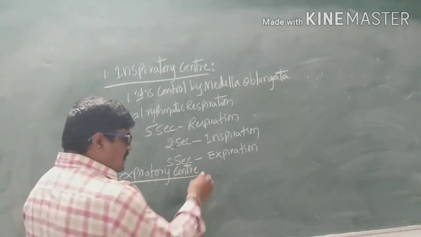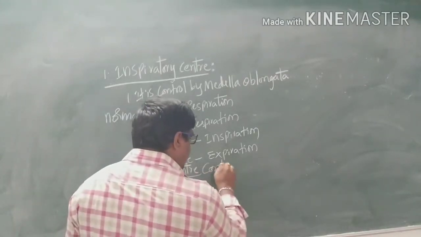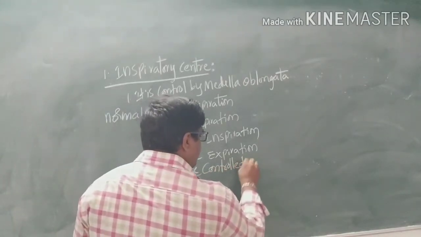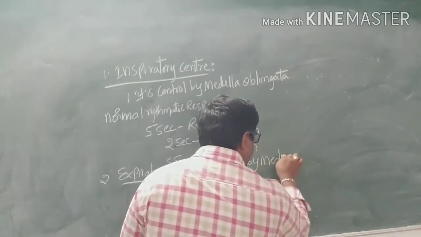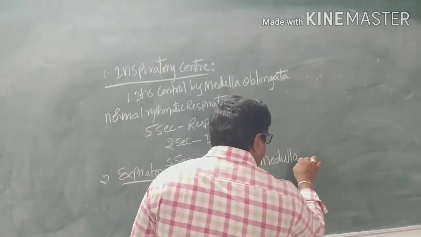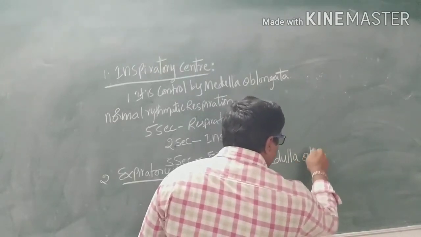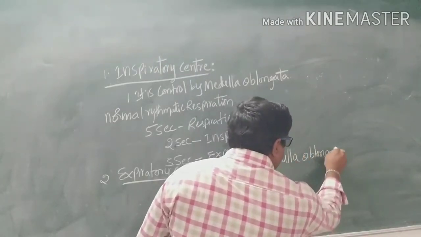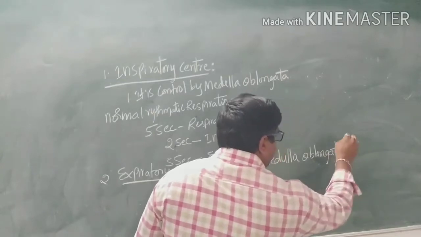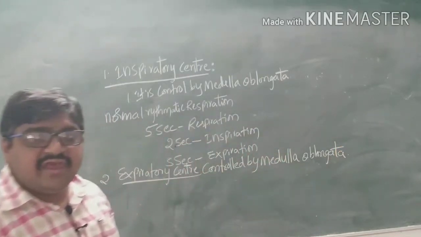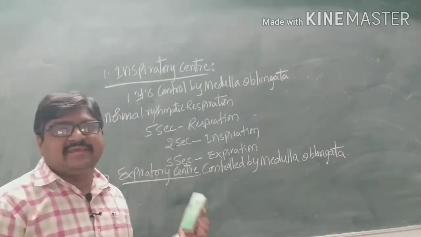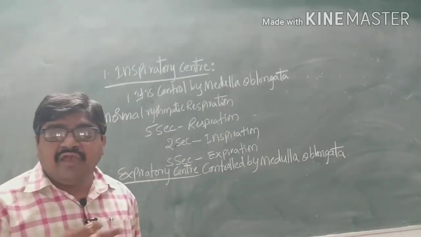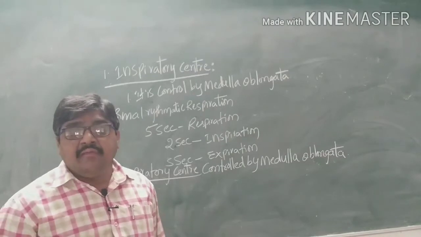It is also controlled by the medulla oblongata, where it is helpful for expiration. Expiration means the leaving of air from the body.